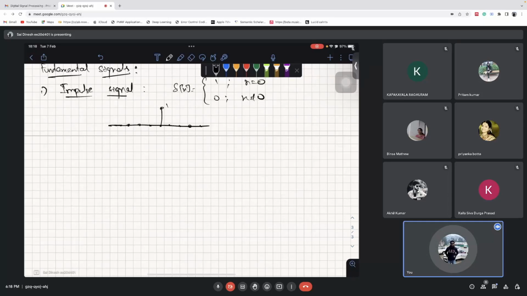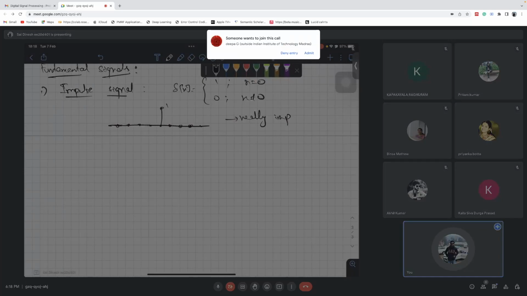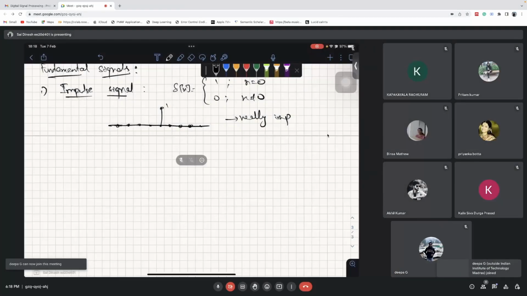This impulse signal is really important, because we characterize a system based on the impulse response of that system. For a given system, we give an impulse signal as its input and see what the output signal is, and later we will see that all signals can be characterized as a sum of many input impulse signals.